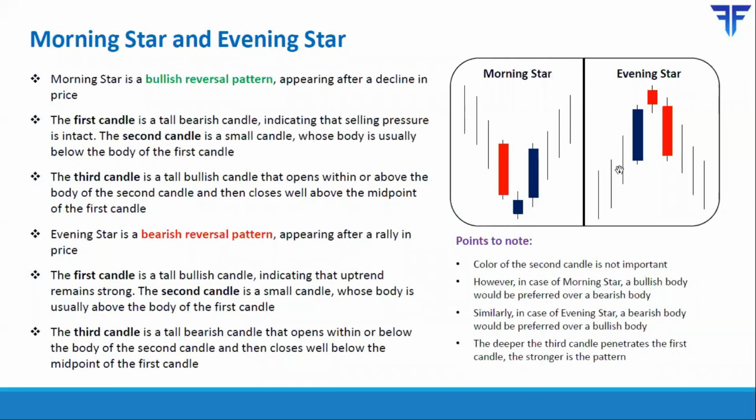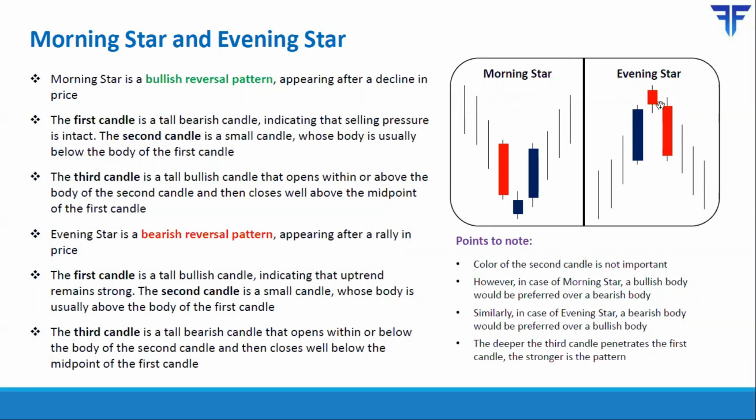The opposite of the morning star is the evening star. Evening star is a bearish reversal pattern, as you can see. Before the pattern starts, the trend of the underlying is up. The first of the three candles is a tall bullish candle, suggesting that the buyers continue to dominate the market and the buying power remains very strong.